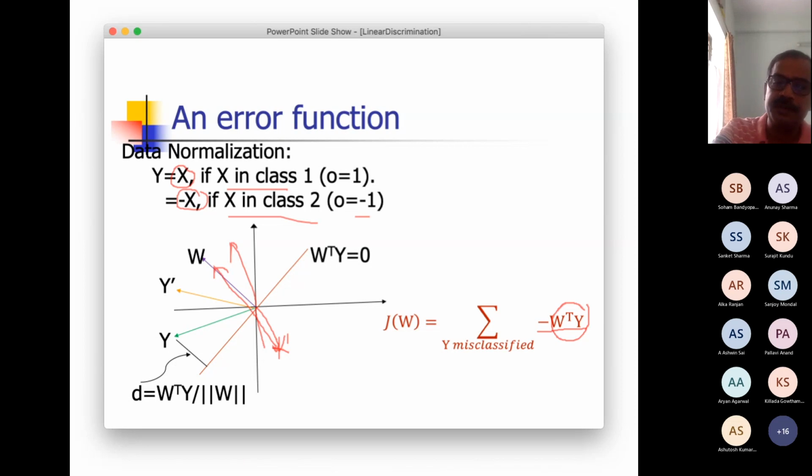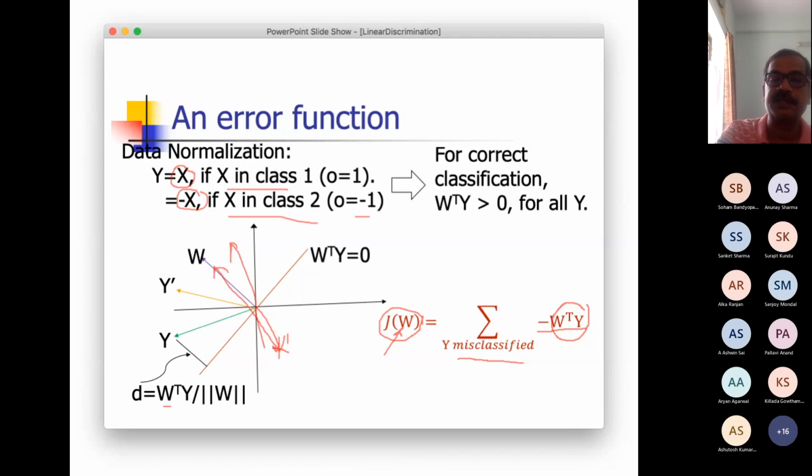We consider only the misclassified samples, where this value is negative, and if you sum all of them, that defines the error. So this is the error function, and your objective is to find the weight vector W which minimizes this error function given the training data set. This is your problem statement now.